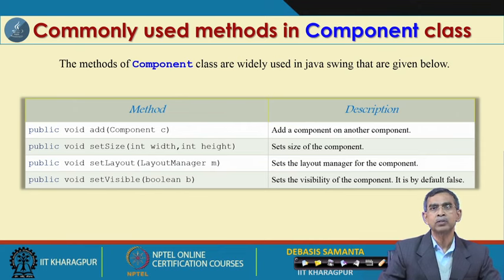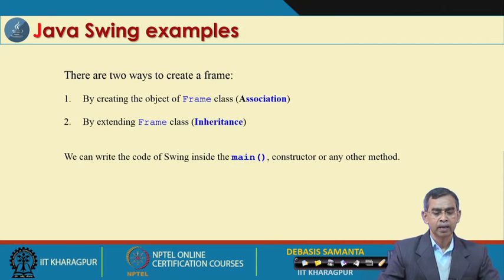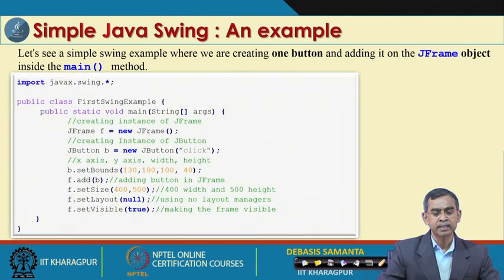Those methods should also be used whenever you include a Java Swing component in your program. Next we will discuss how a Java Swing component can be added into our program.